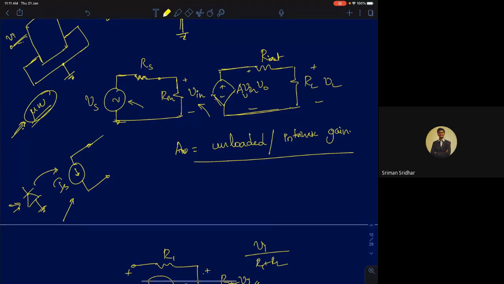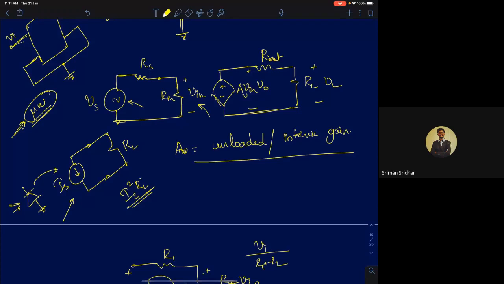For example, let's say I connect a load resistance across this. What do I mean by infinite power? The power delivered to this load resistance is I squared times RL.